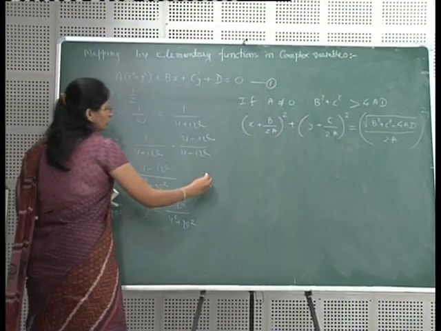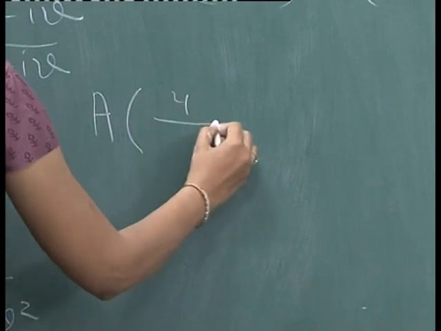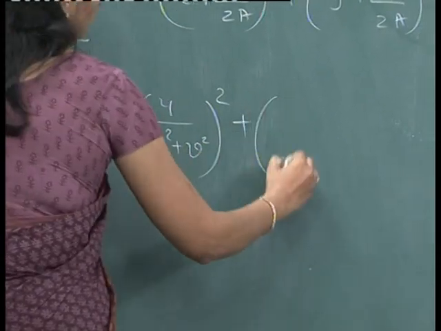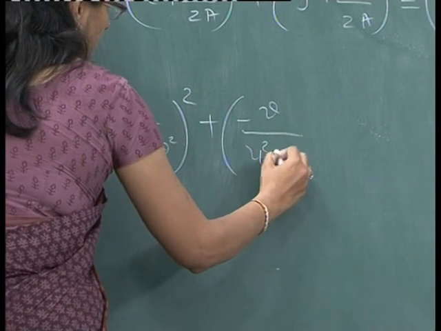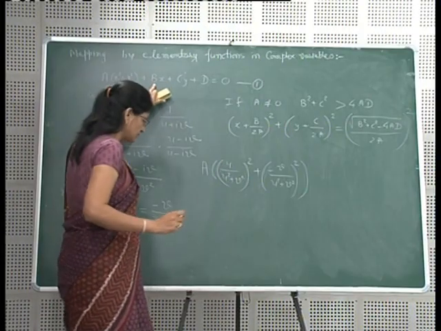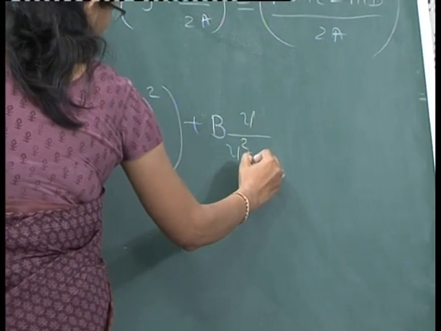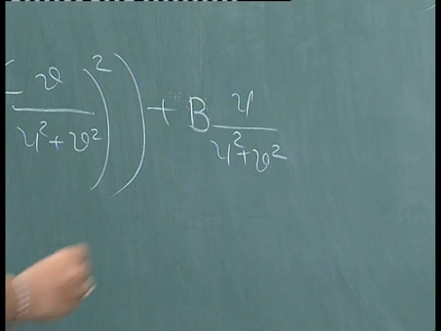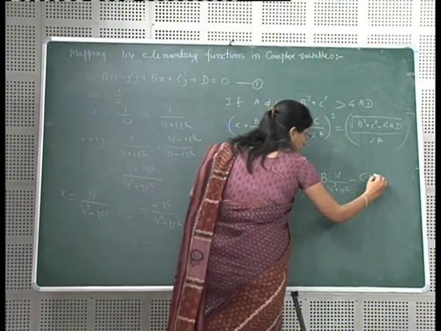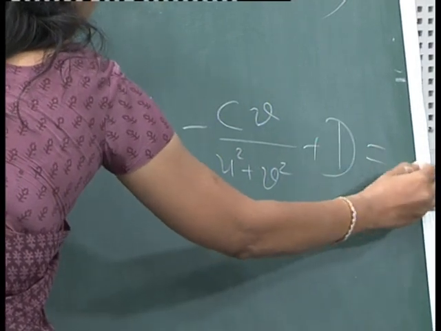in equation 1, then we have a time. Put x is equal to this, so u upon u square plus v square whole square. Put y is equal to minus v upon u square plus v square, so this whole square, plus bx, so plus b, x is equal to u upon u square plus v square, plus cy, so minus c, because we put y is equal to minus v upon u square plus v square, and plus d is equal to 0.